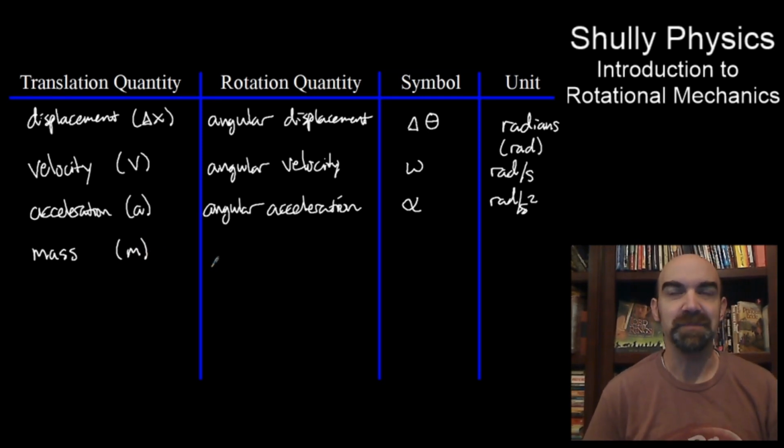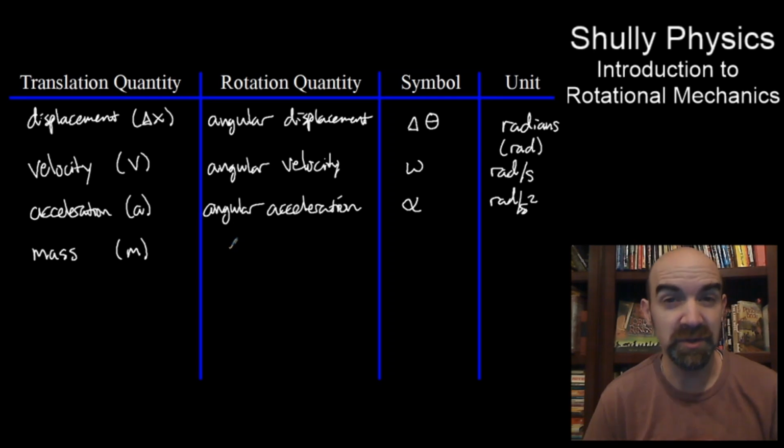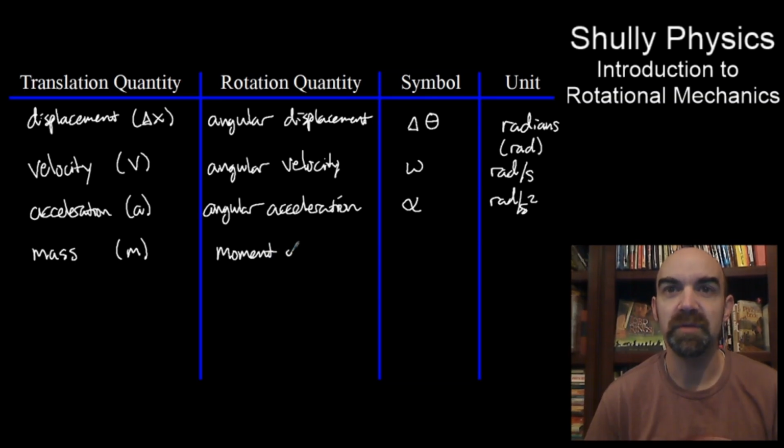Now mass has a gravitational aspect with translation, but in rotation, gravity doesn't cause an object to rotate unless it's acting unevenly on that object's center of mass. So it's mainly the inertial mass that we need to be concerned with in rotation. Like F equals ma, that m is an inertial mass, not a gravitational mass, that affects acceleration. So in the rotational world, you can either call it rotational inertia or moment of inertia. The moment of inertia.